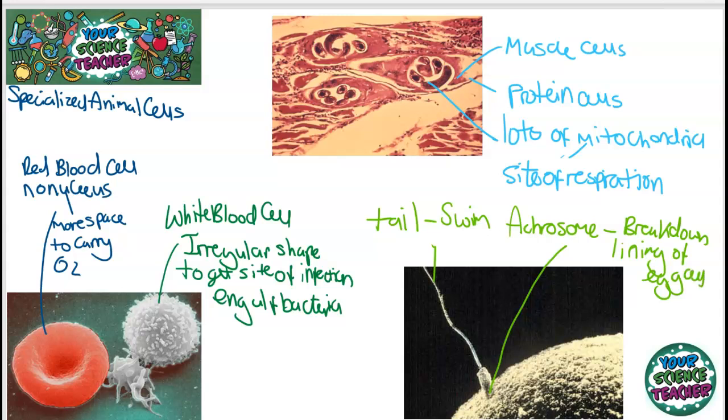And also, like the muscle cells, it has a store of mitochondria so that it can have lots of energy. Obviously, it's got to swim, so that's why it has lots of mitochondria.